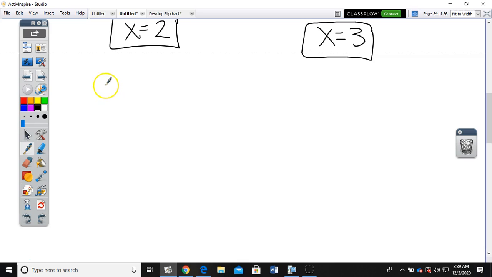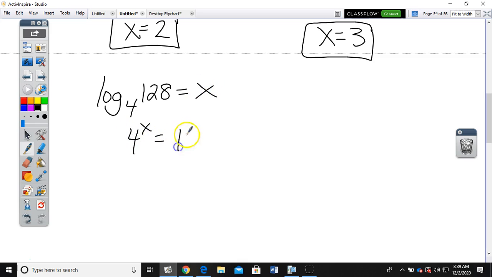And then you may have something like this, and this will be as hard as it gets. If you have this, I'm going to set it equal to x, that would be 4 to the x equals 128. Well, if you go and play the game in your calculator, you'll realize that 4 to some power doesn't give you 128.